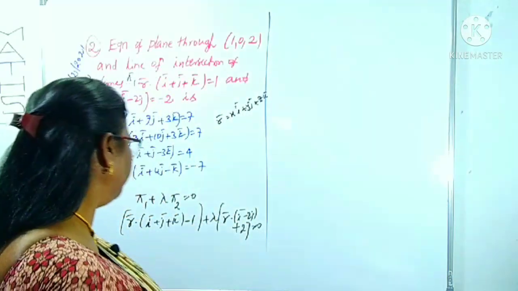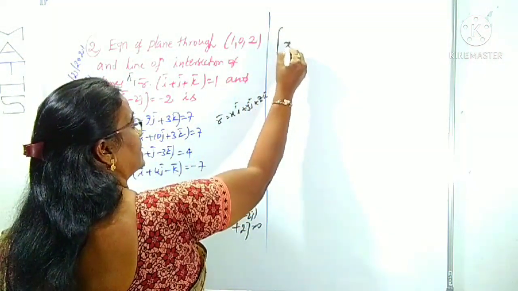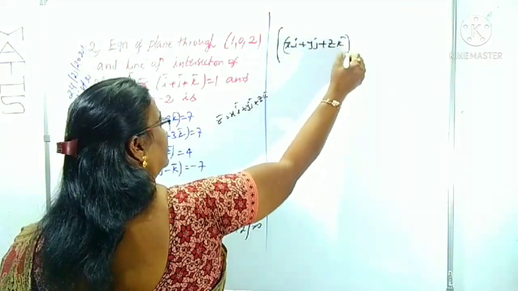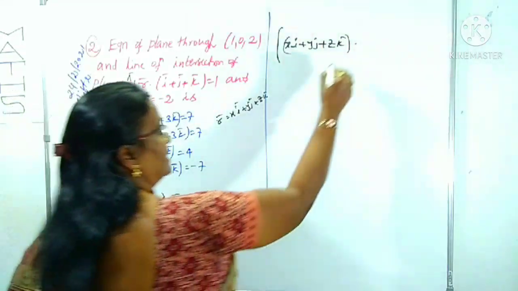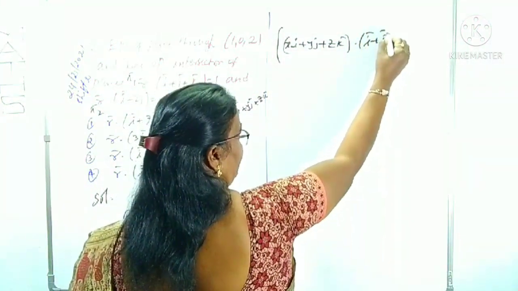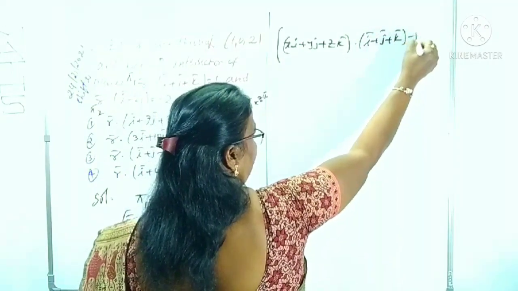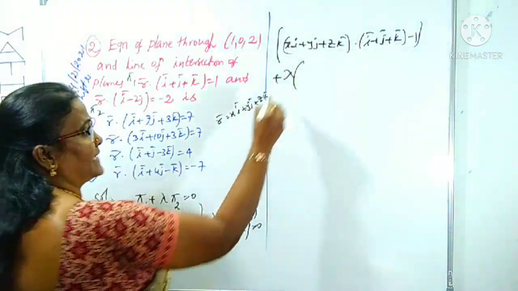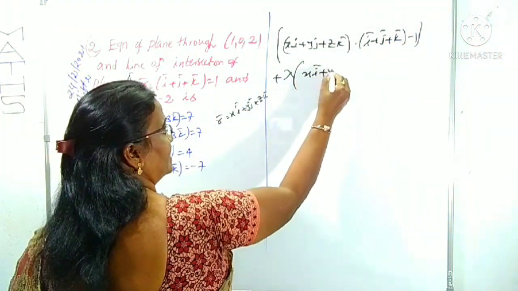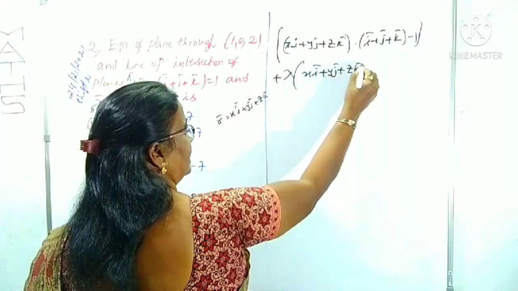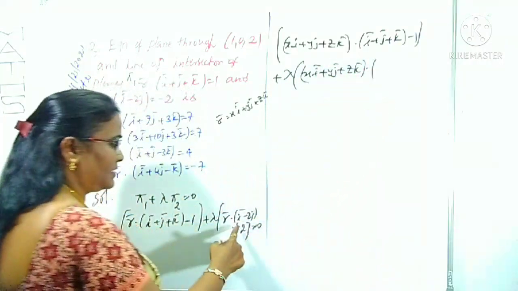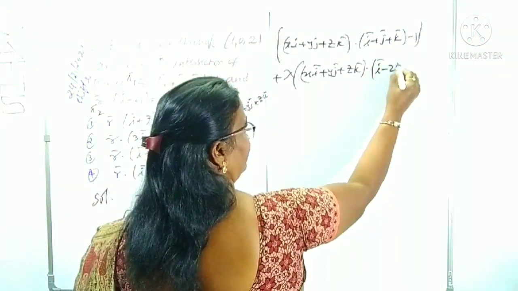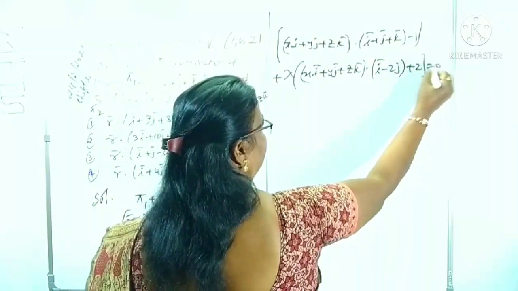It is now in the form: (xi plus yj plus zk) dot (i plus j plus k) minus 1, plus lambda times (xi plus yj plus zk) dot (i minus 2j) plus 2 is equal to 0.